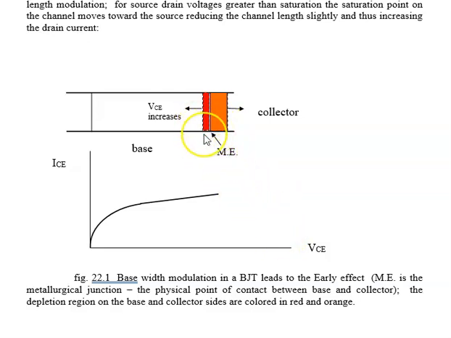But as we make the reverse bias on the base-collector junction higher, they both increase. So if the base depletion region increases, moves to the left, the neutral base region, which is from this junction here, the emitter-base junction, to this point here, the neutral base gets smaller. The neutral base gets smaller, the current goes up.